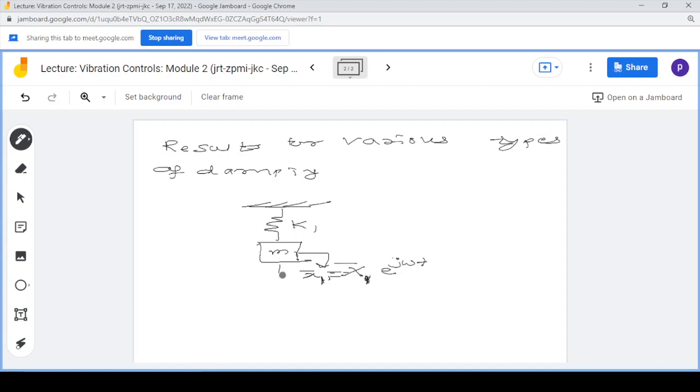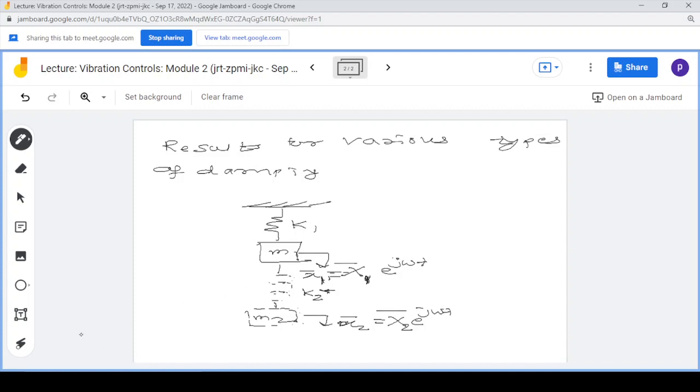Now the secondary system is having the complex stiffness. So let us consider this spring having the stiffness K2 star, and at the end of it the mass M2 is attached, right? Let us consider the displacement of this mass as x2, and it is x2 e raised to j omega t.